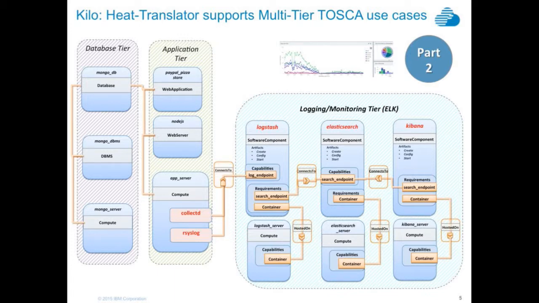Collectd and rsyslog collect the logs and send them to the Logstash server. Logstash is connected to Elasticsearch. Kibana is also connected. Elasticsearch is what performs indexing and searching. And then you have Kibana, a dashboard to monitor your application server.